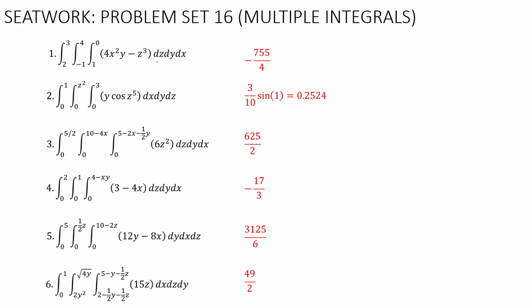As you can see, you'll be integrating with respect to z first, then y, and then x. Or x, y, and then z. Or dy, dx, and then dz. It is not necessarily in alphabetical order.